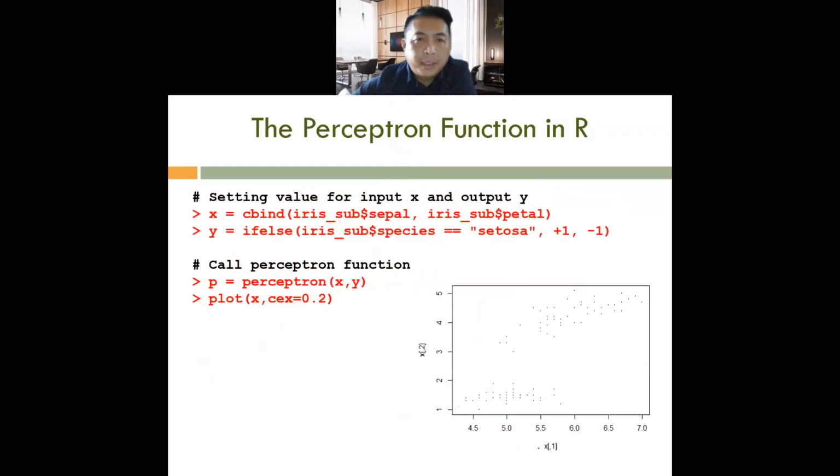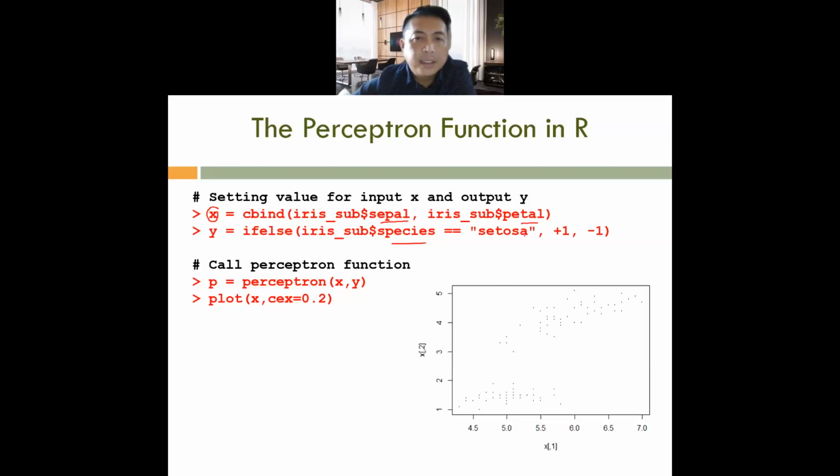So if we look at the values for x and y, we will extract the values for x, which will be the sepal and also the petal. Two values go into your x, and your y will be the species.